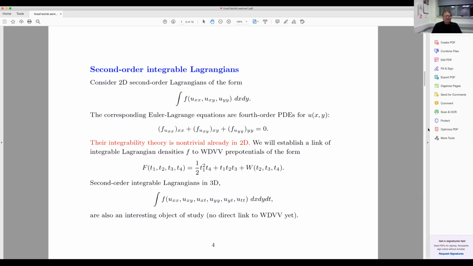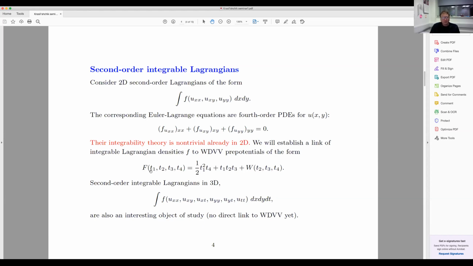All right. So in this talk, I will establish links of Lagrangians of this type to WDVV prepotentials of this form. I will explain what this means later. There will be a slide on WDVV equations.